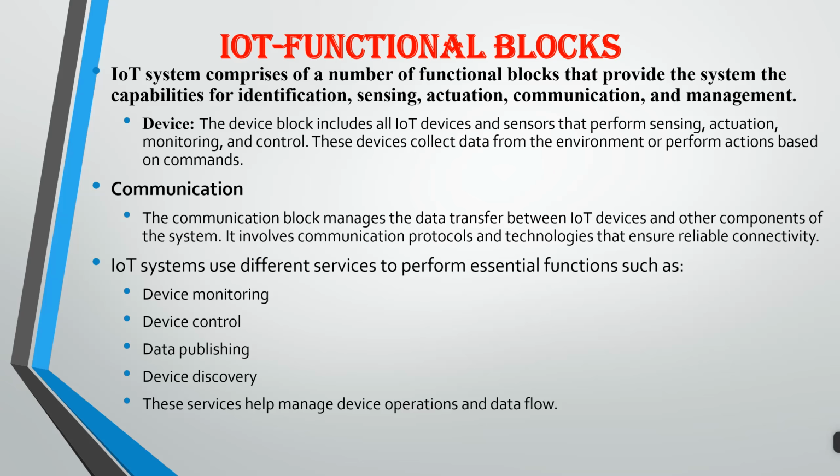Then device control. As we know, the pump is switched on or off by collecting the data from the irrigation sensor. So device control, by using a mobile application, I can lock my car, I can switch on the various lights of my car, I can see the health of my car.